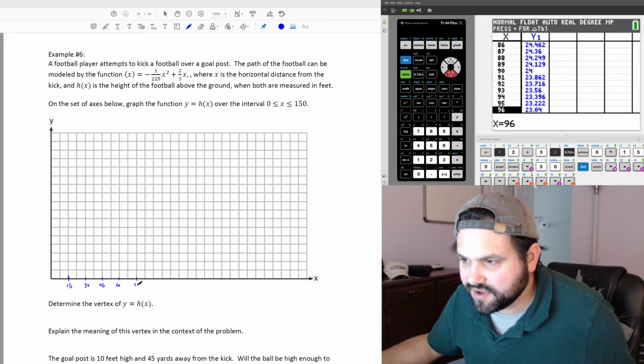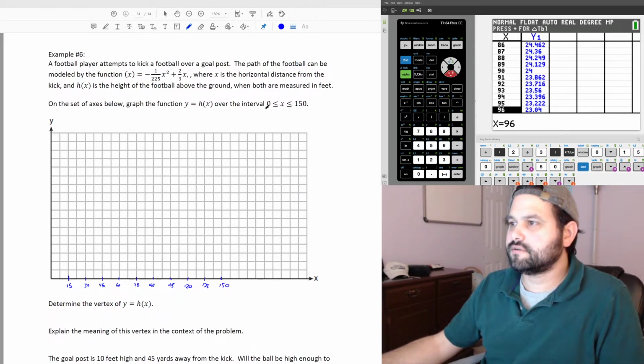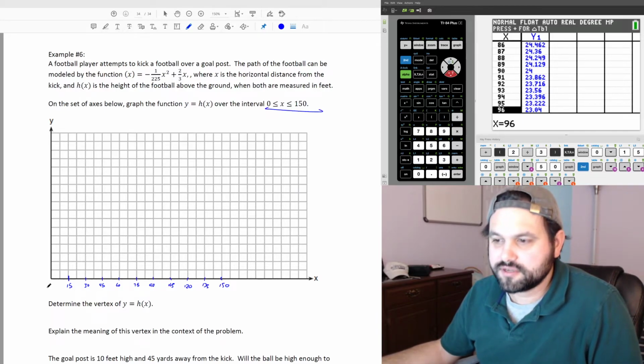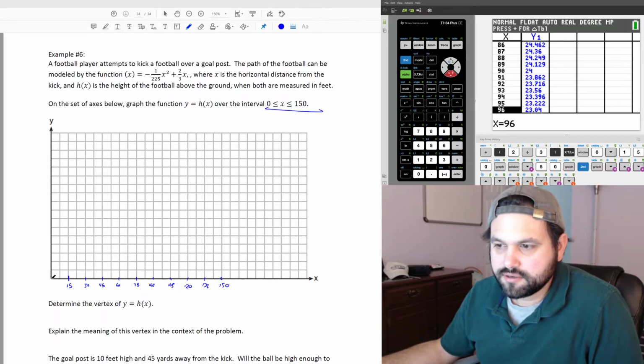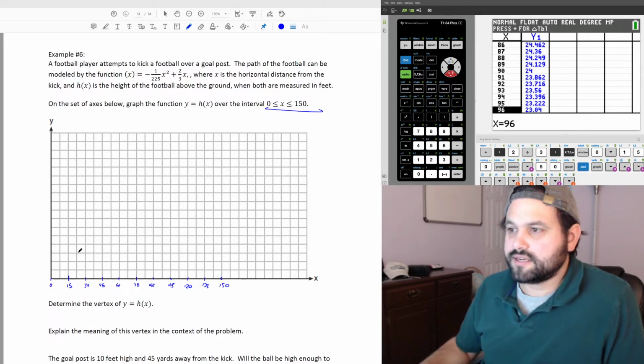So 75, and then 90, 105, 120, 135, and 150. Okay? So now I've got this interval from 0 to 150, because of course this is the origin at 0. All right, so let's go back to the calculator.